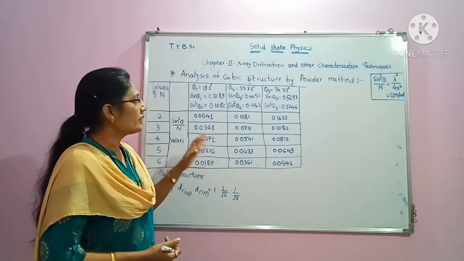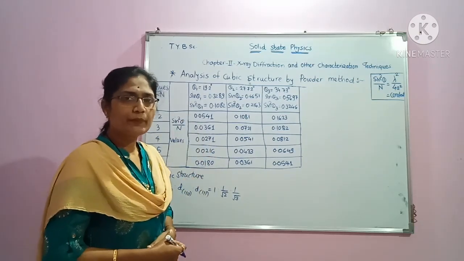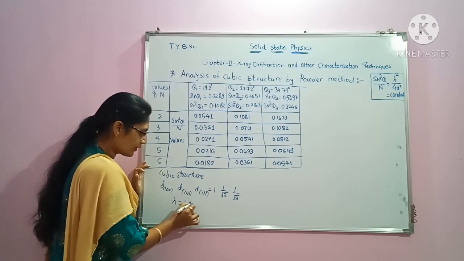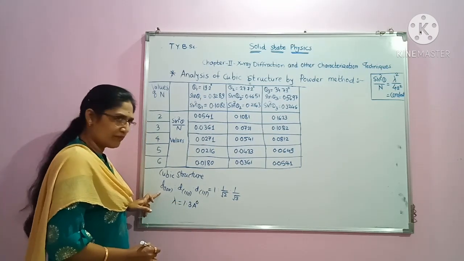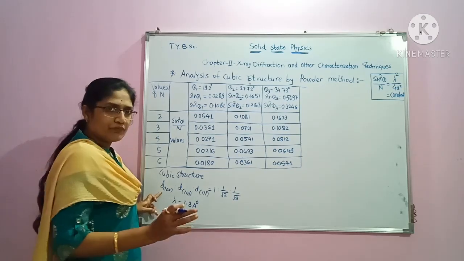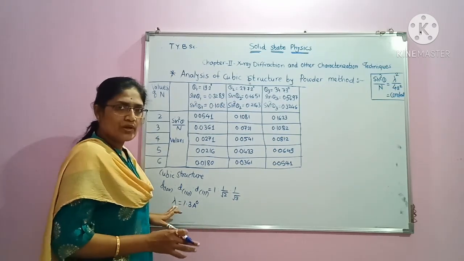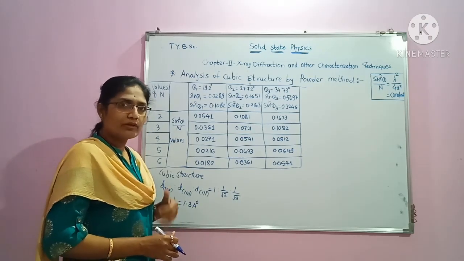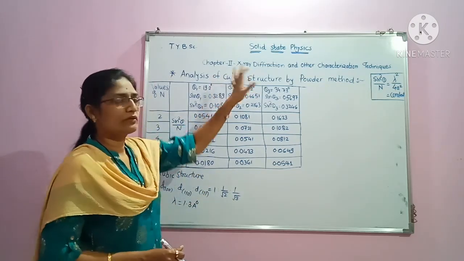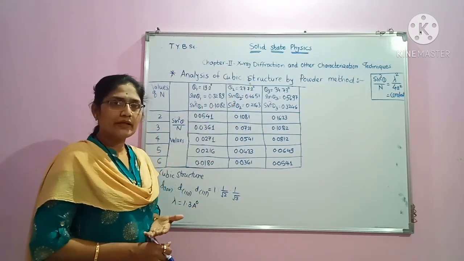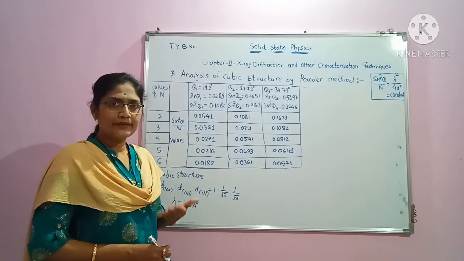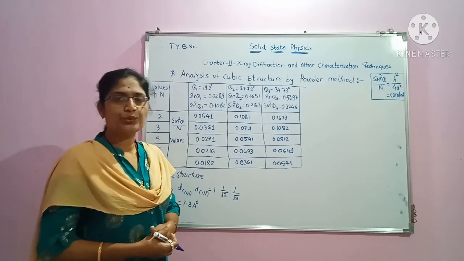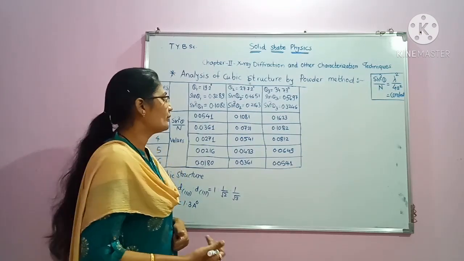For example, here we have considered a monochromatic beam of X-ray having its wavelength lambda as 1.3 angstrom. In order to verify this, we have considered some experimental data in which lambda is 1.3 angstrom. When this beam is incident on a cubic crystal, we will get maxima at theta 1, theta 2, theta 3, etc., and for that particular d1, d2, d3 will be found out.